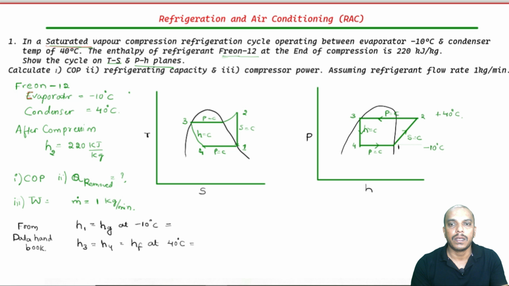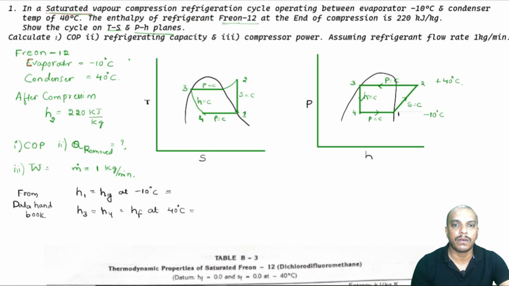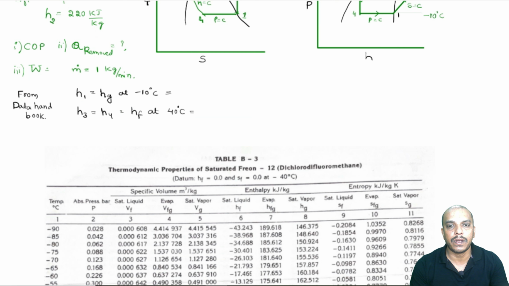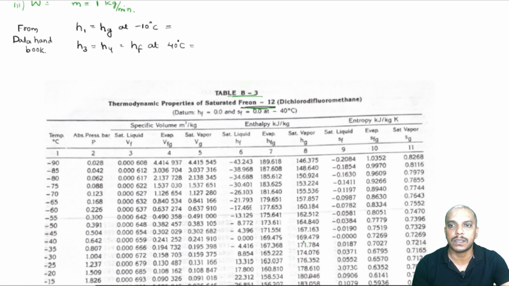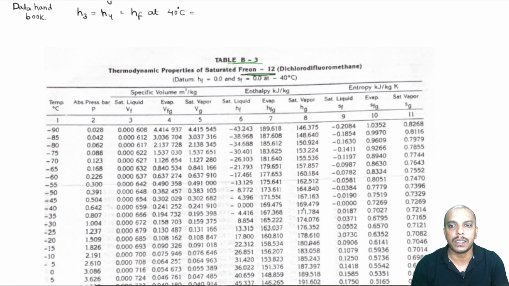Now let us go to the Freon 12 table. I have copied it here. In our BT Nijaguna data handbook, the table is B3. At -10 degrees Celsius, I want Hg. It is tabulated here: Vf, Vfg, Vg, Hf, Hfg and so on.